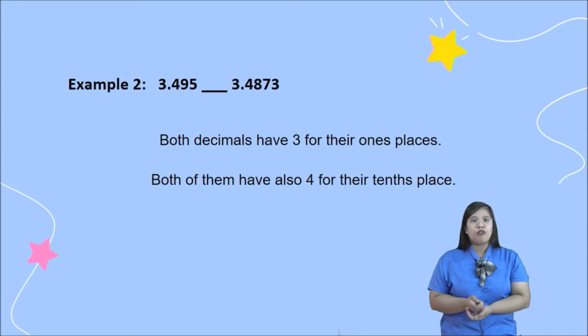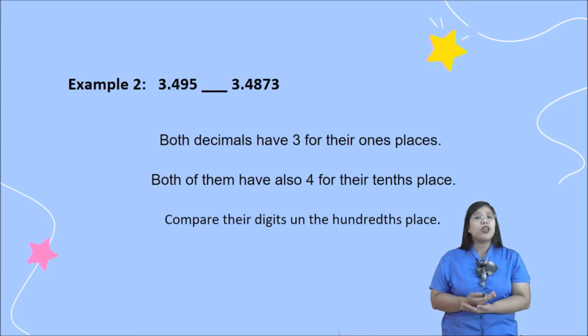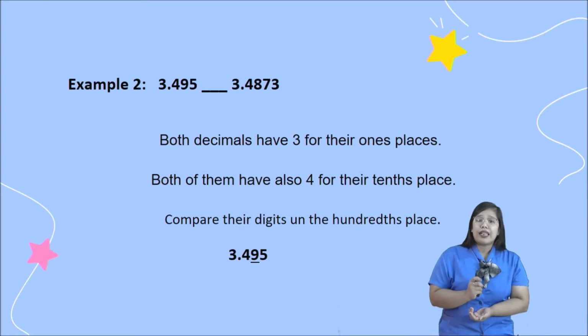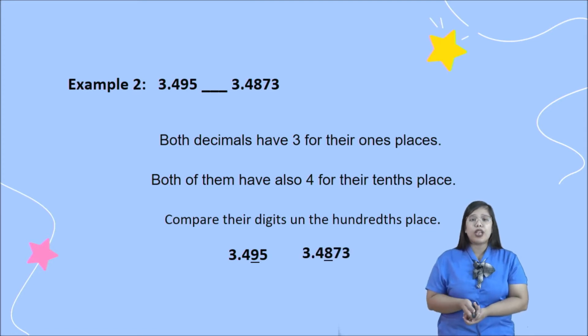But for the tenths place, we have 4 in both, so we proceed to the hundredths place. Now, we can compare the digits in the hundredths place, which are 9 and 8. So again, kids, 3.495 and 3.487.